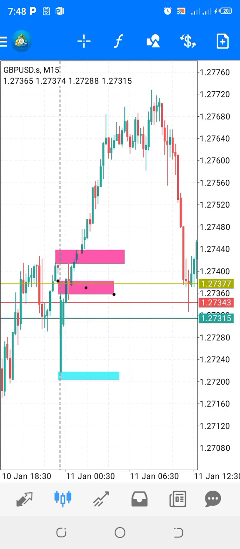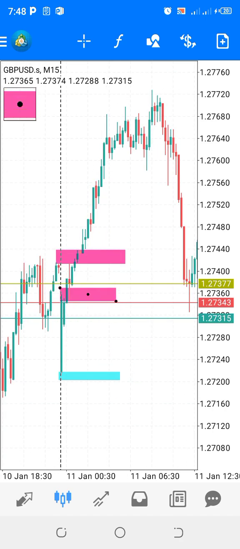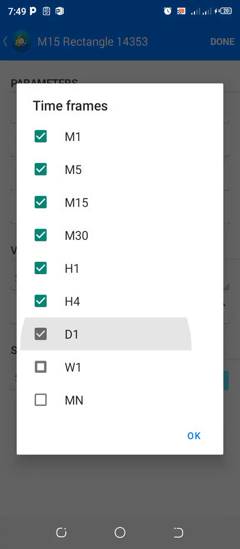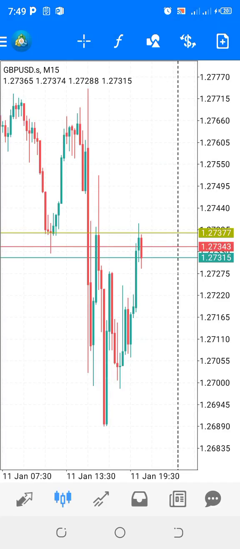So after any impulse break and there is a new impulse, you mark again the start of the new impulse. And since it's a bullish impulse, I'll use a green or blue slab to mark that. Select only the time frame of observation.